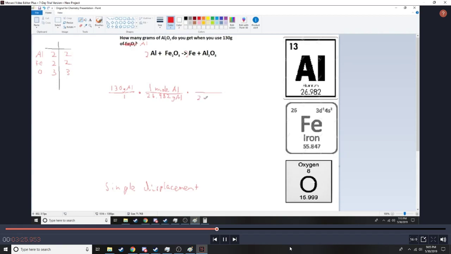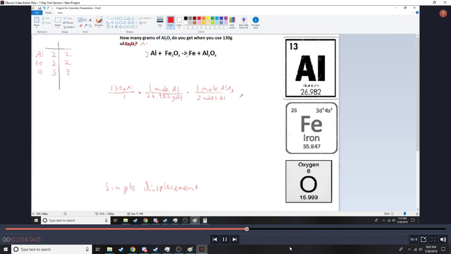We have 2 moles of Al, so we're going to put that down for every 1 mole of Al2O3. With this, if we cancel out all these bottom things like the grams of Al and the moles of Al, we now have it in moles of Al2O3.